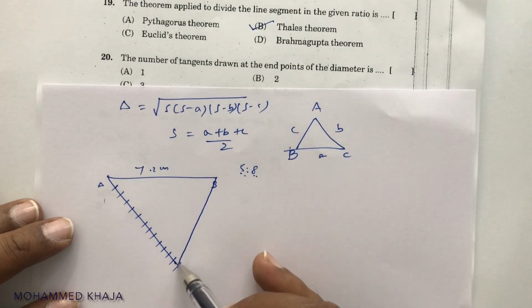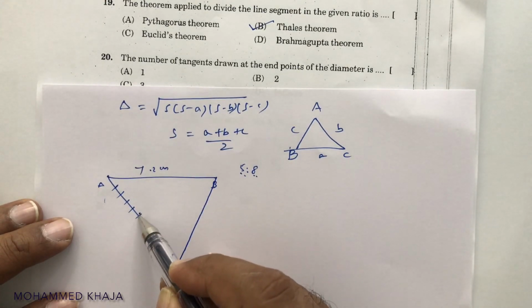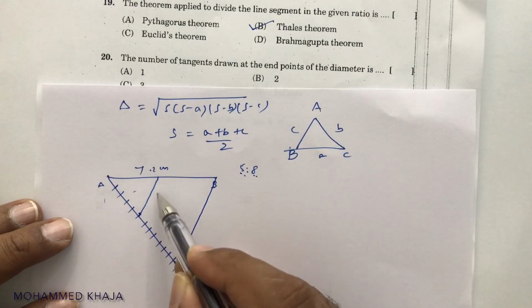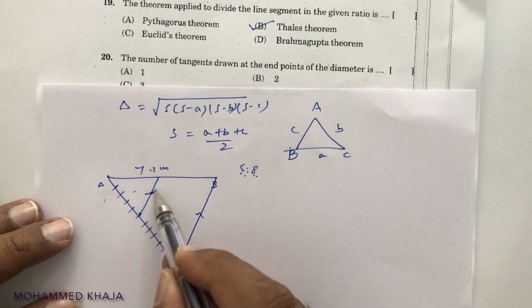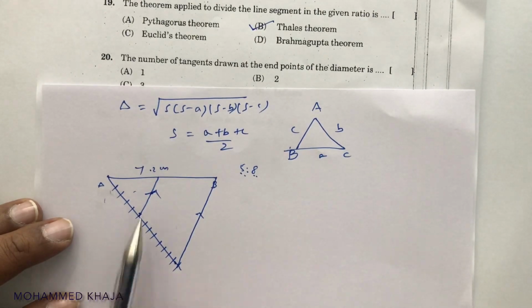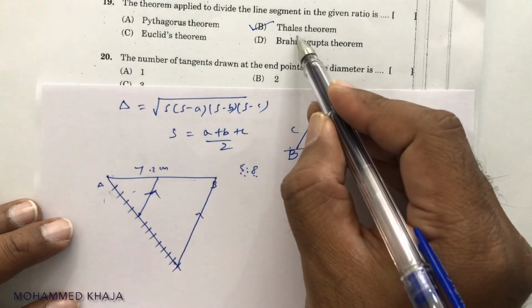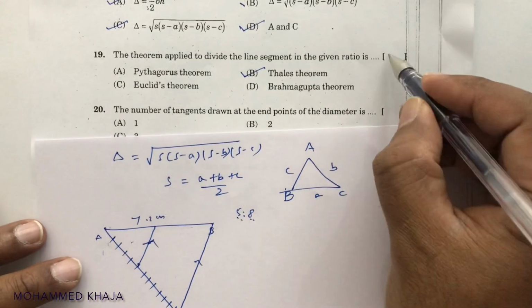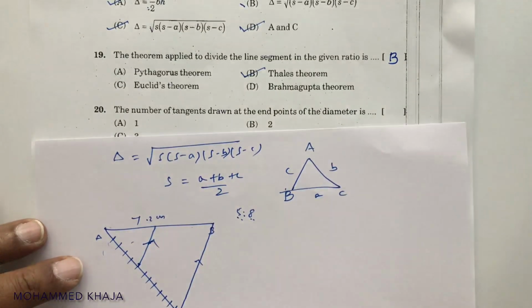The last one you will join, and at 5 you will draw a parallel. See here, if a line is parallel to one side, it will divide the other two sides in the same ratio. Here 5 parts, 8 parts. So here also 5 parts, 8 parts. So that is Thales theorem. So the correct option is here B. Next question.